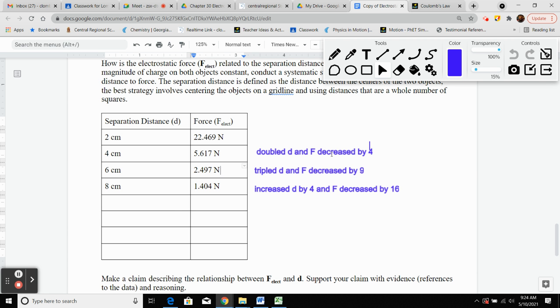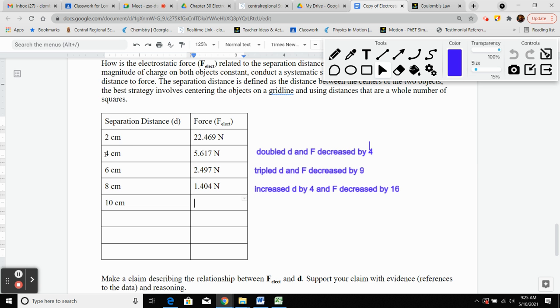So by that pattern that we just developed, if we made this one 5 times the original value, because 2 times 5 would be 10, that means this one should be decreased by a factor of how much? So 10 squared? No. The original distance was 2.